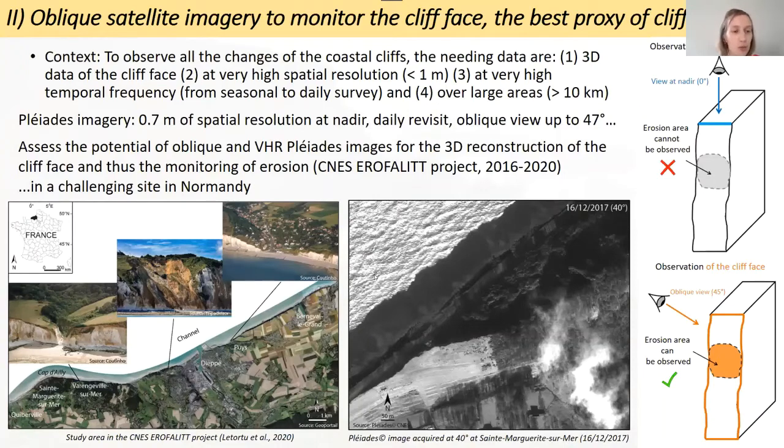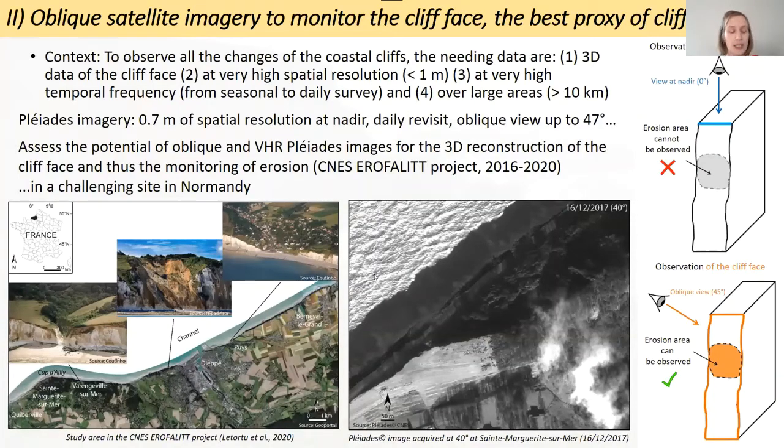Thanks to the financial support of the CNES, the French Space Agency, I coordinated the Aerophalite project to assess the potential of oblique and very high-resolution Pleiad images for the 3D reconstruction of the cliff face and thus the monitoring of erosion.